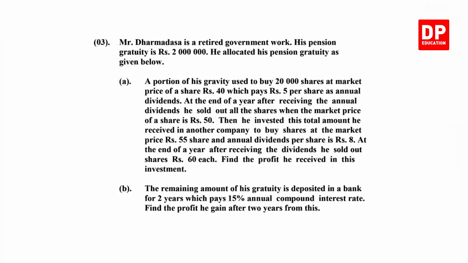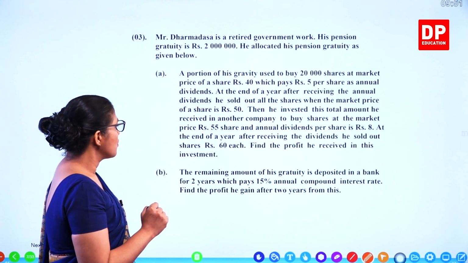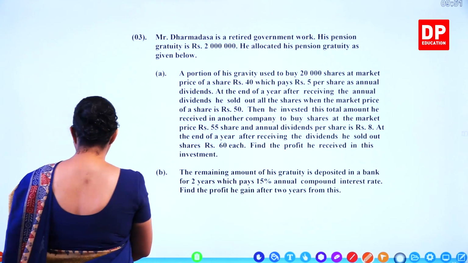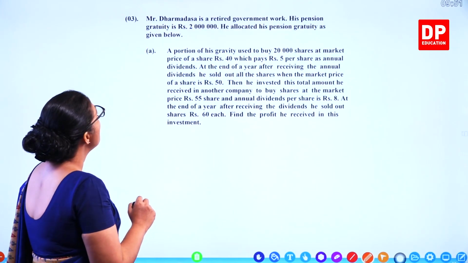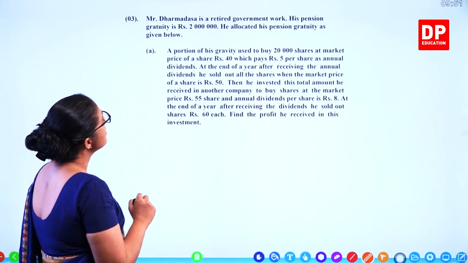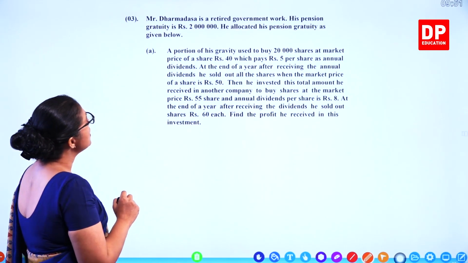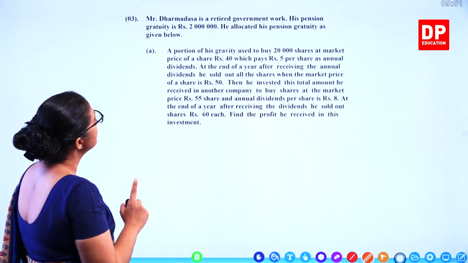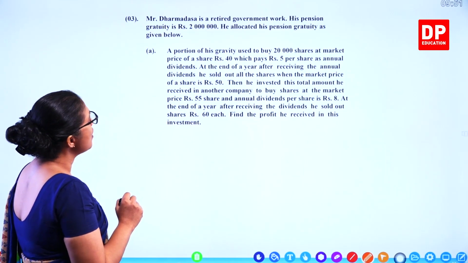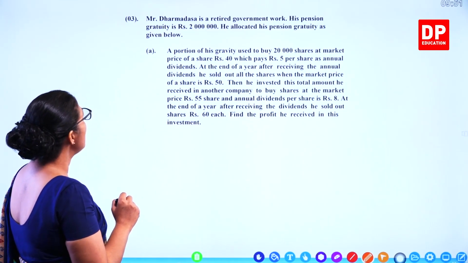Question number 3. This is about percentage question and shares. So we'll do separately. Mr. Dharmadasa is a retired government worker. His pension gratuity is 2 million. He allocated his pension gratuity as given below.